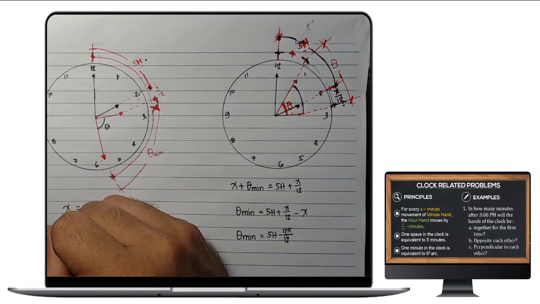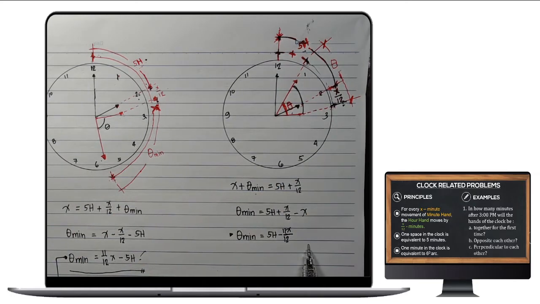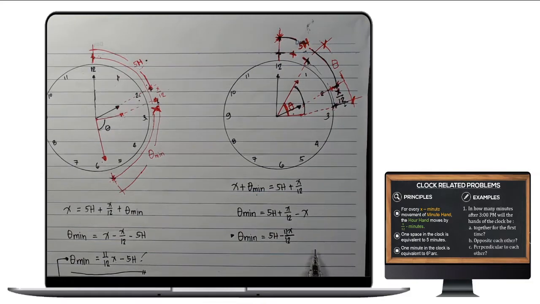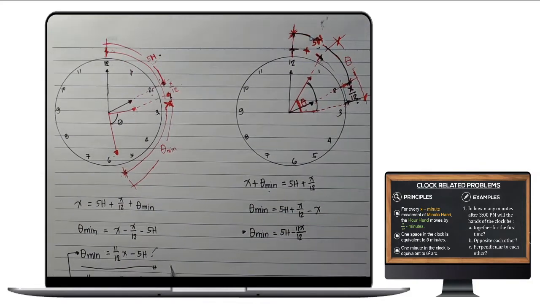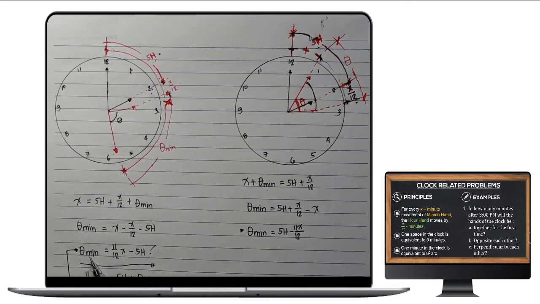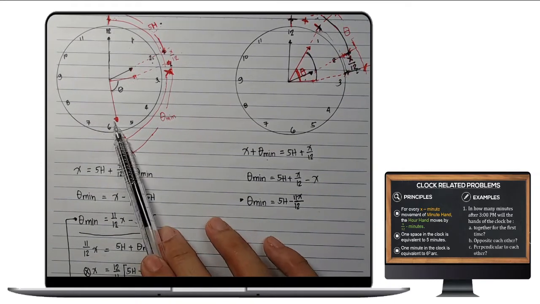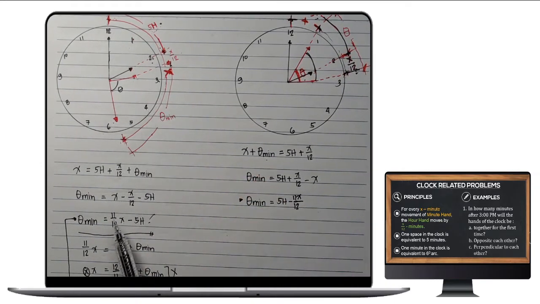So, ito yung kanina. So, now, ito naman. Notice, nagkabaliktad. Kanina, nung nasa unahan si minute hand, compared kay hour hand, we have the formula, theta in minutes is equal to 11 over 12x minus 5h.